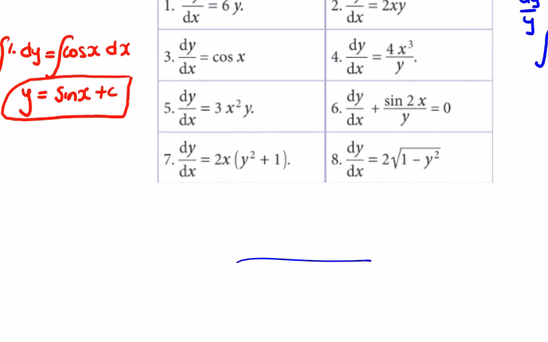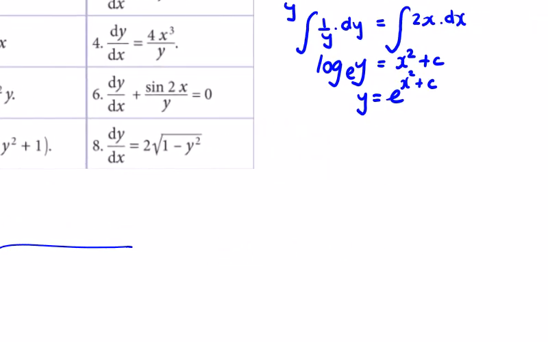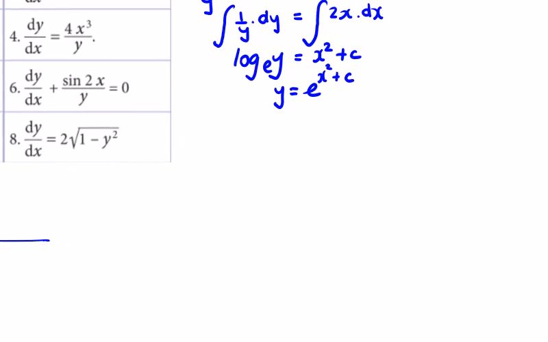Number 4. So we're going to multiply by y, so we're going to get y dy is equal to 4x cubed dx.